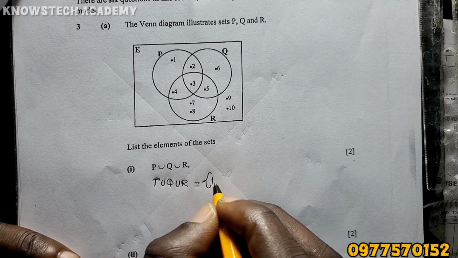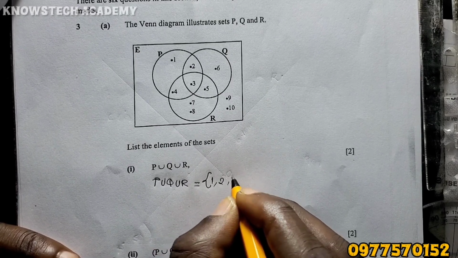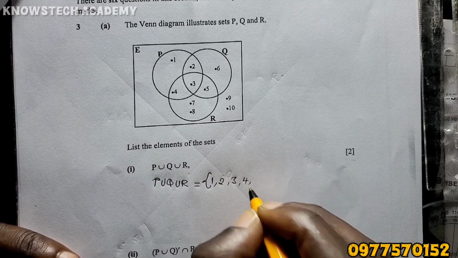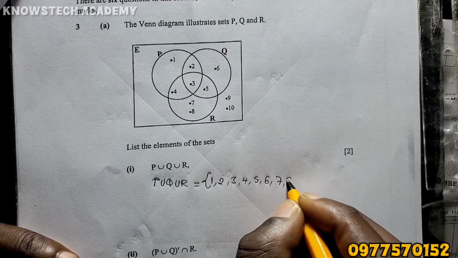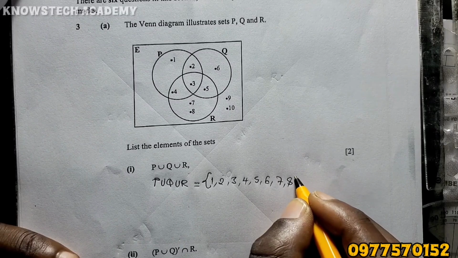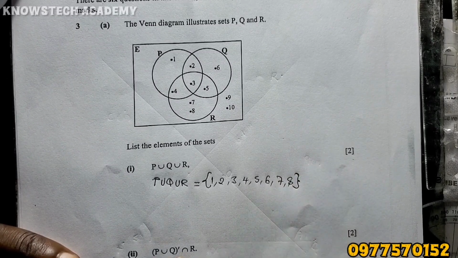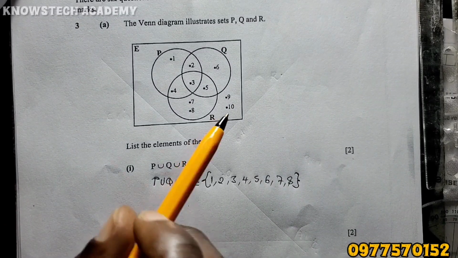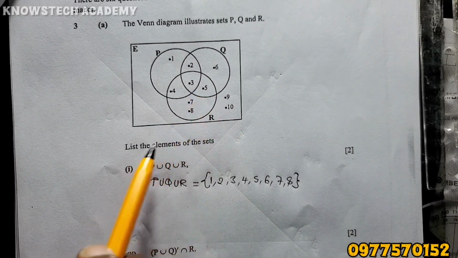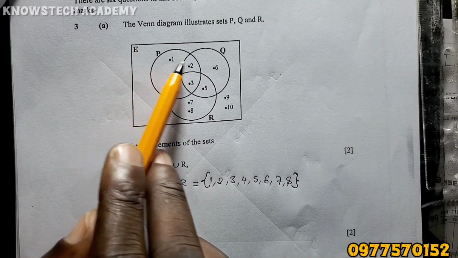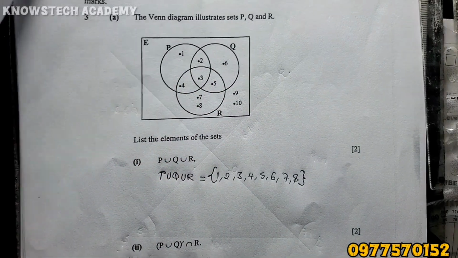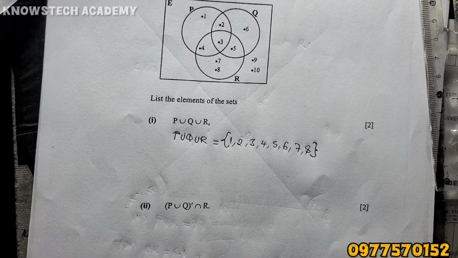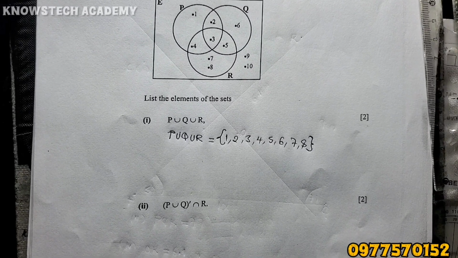Okay, that's all, 8. Now, why not 9 and 10? 9 and 10 are in the universal set, but not in any of these three sets. So yeah, that's it.